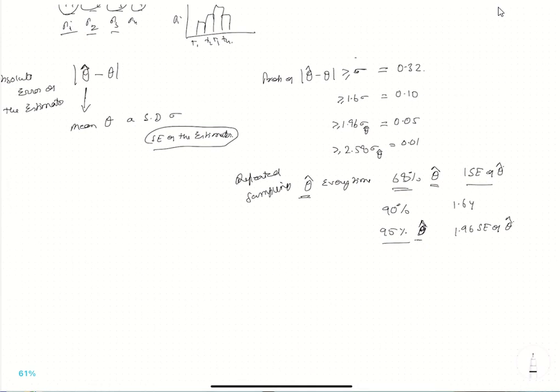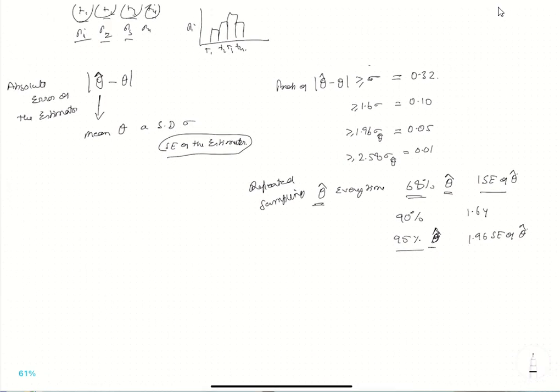But the standard error sigma theta is mostly not known and needs to be estimated from the sample data. This is the standard error of the estimator, but we don't know it, so we need to estimate it, so we put a hat on top of that also. So that also follows a sampling distribution.